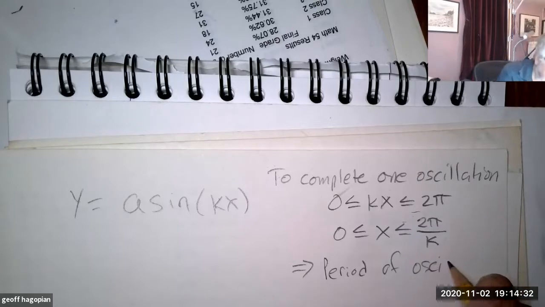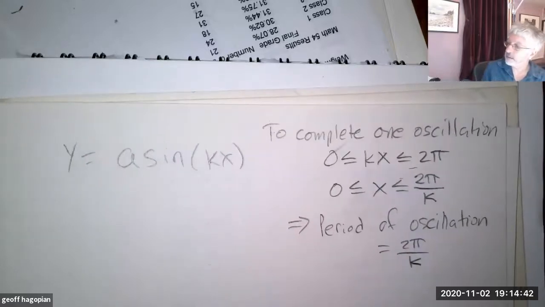You'd say, well, it's about 2 hours, which is a period of time, not a distance. If you're traveling at an average of 60 miles per hour, there's this constant of proportionality between time and distance. In any case, the period of oscillation is 2 pi over k.